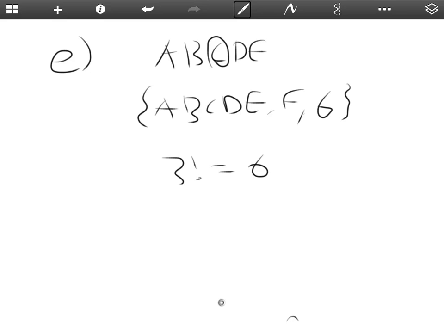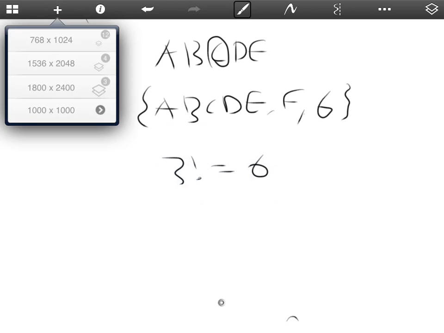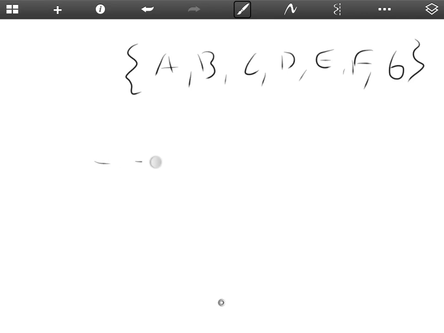Let's go back to the last one. What was the last one again? CBA and BED. Well, is that even possible? Let's write out the set A, B, C, D, E. I'm skeptical as to whether or not this is actually possible. You want to get a string of elements with these terms, BED and CBA.